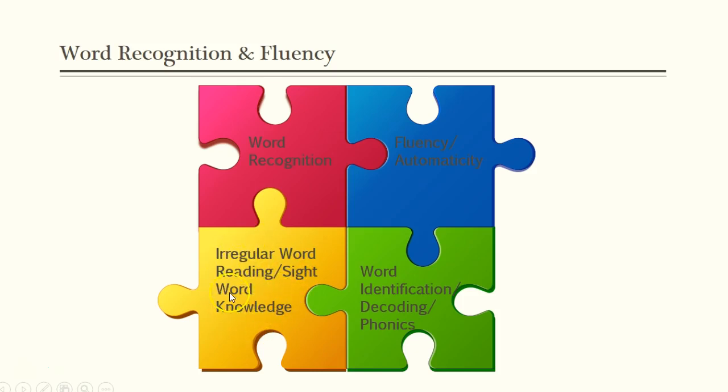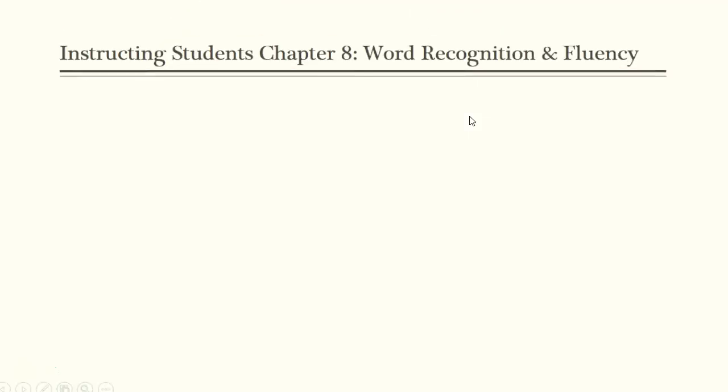The more sight words you have in your bank, the faster you can recognize them and recall them, and the quicker you can read. So in Chapter 8 of Instructing Students, we learn about the importance of recognizing words on sight.